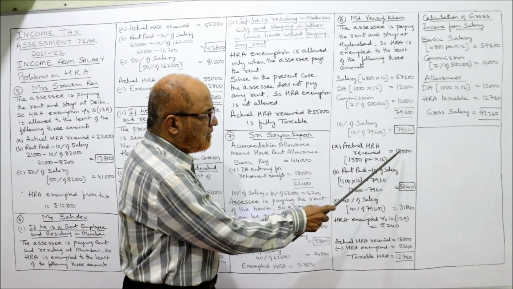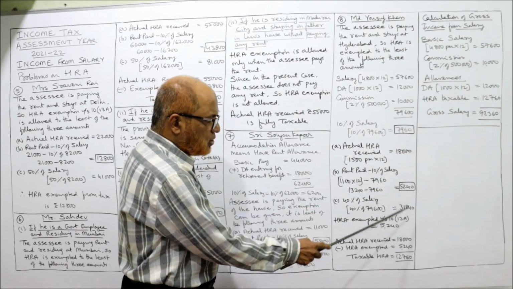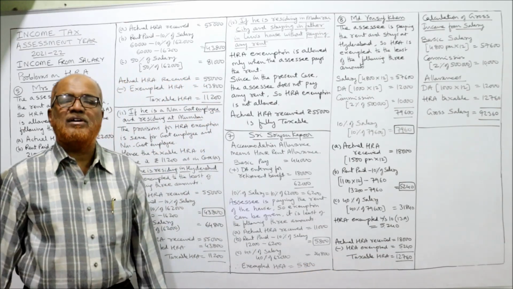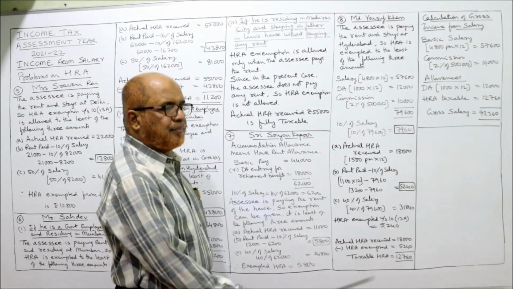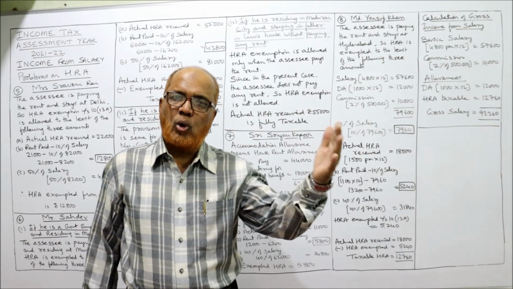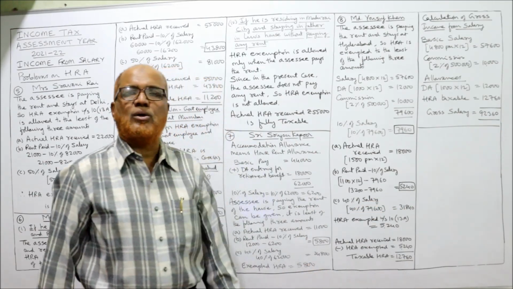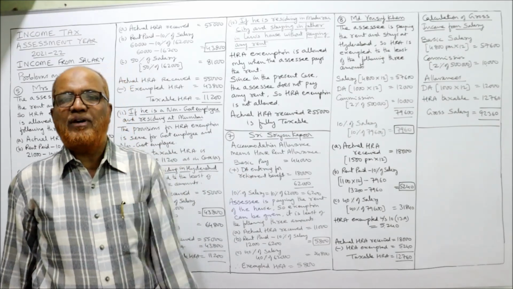Now deduct. Actual HRA received is 18,000 minus exempted HRA 5,240, which gives 12,760. This is the taxable HRA. That's what it is asking you: how much HRA to be included in salary. 12,760 is the taxable HRA. The first part we have completed.